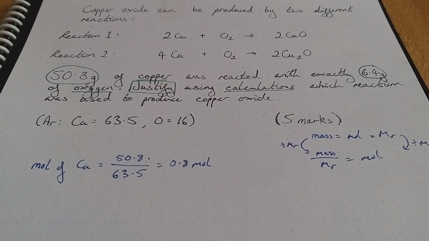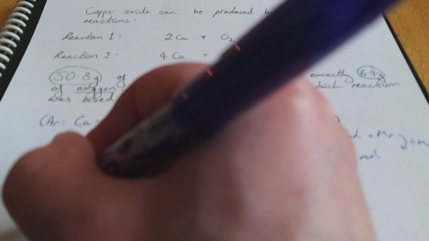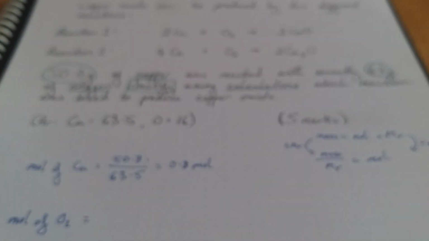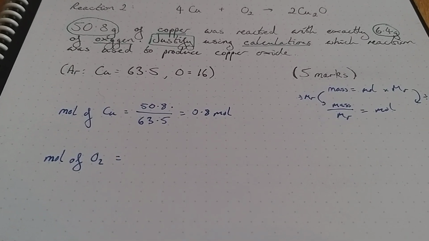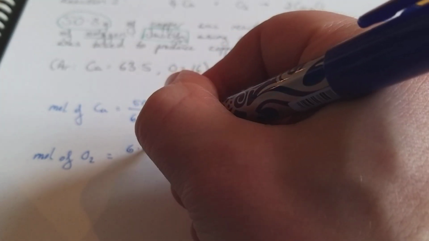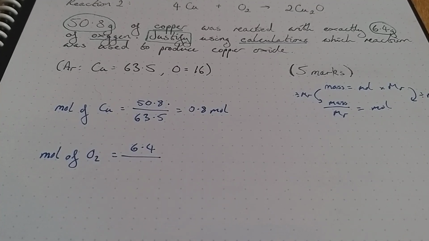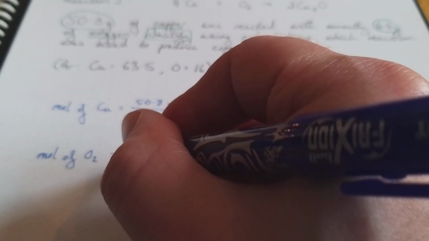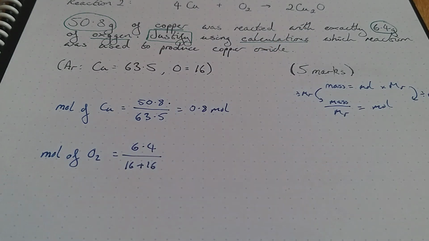So the next thing we need to do is work out the moles of oxygen. And remember, the formula for oxygen is O2, so we're going to need to take that into account in our calculations. So we do the mass of oxygen, which is 6.4, divided by the Mr of oxygen, but we're going to need to work out the Mr because it's not just one oxygen atom, it's two oxygen atoms, so it'll be 16 plus 16, which equals 32.